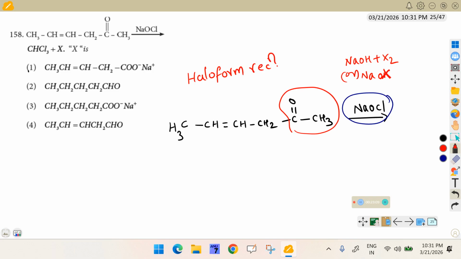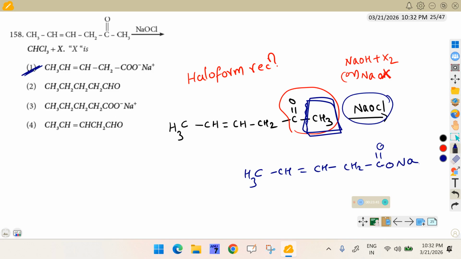In this, the methyl ketone undergoes oxidation. The product contains 1 carbon atom less compared with the reactant. Why is 1 carbon atom less? Because the bond breaks here. This is converted into haloform, and the remaining is CH3, CH double bond CH, CH2, C double bond O, ONa.